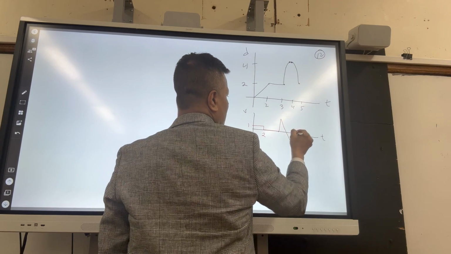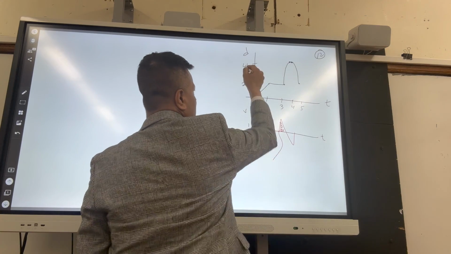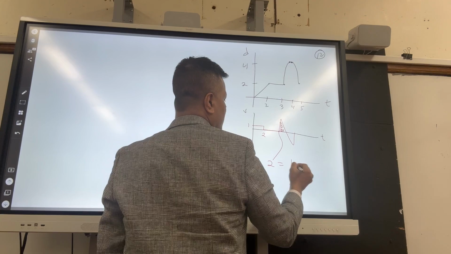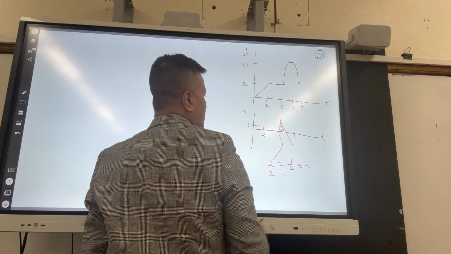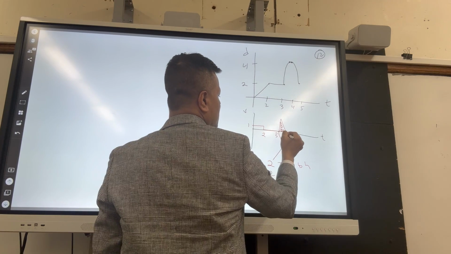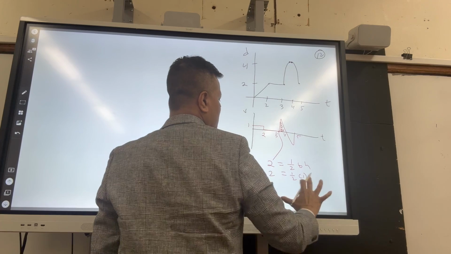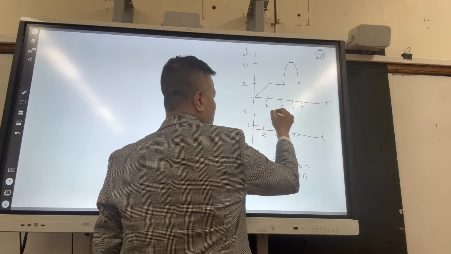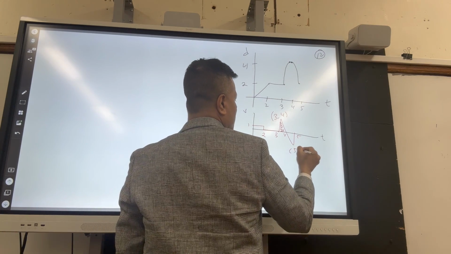Next, first you're going to have to find the displacement, which is 2, equal to half b h. All right, and this is 2, this is 3, this is 4, this is 5. 4 minus 3, which is 1. So your velocity is 4. So 3 comma 4. At 5 seconds, your velocity is negative 4.